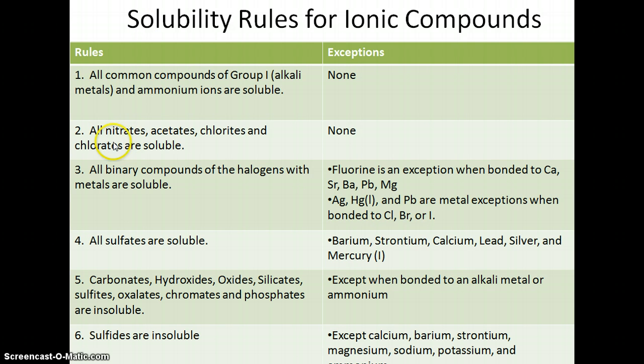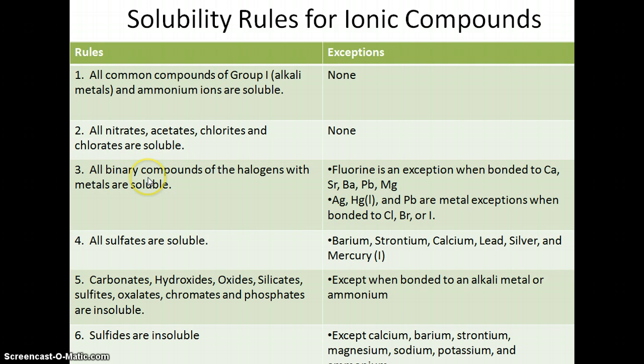The back of the compound. If it's got an NO3, a C2H3O2, a ClO3, or excuse me, a ClO2 or a ClO3, then you're going to be calling this soluble. Soluble means it's aqueous, which is AQ, okay?